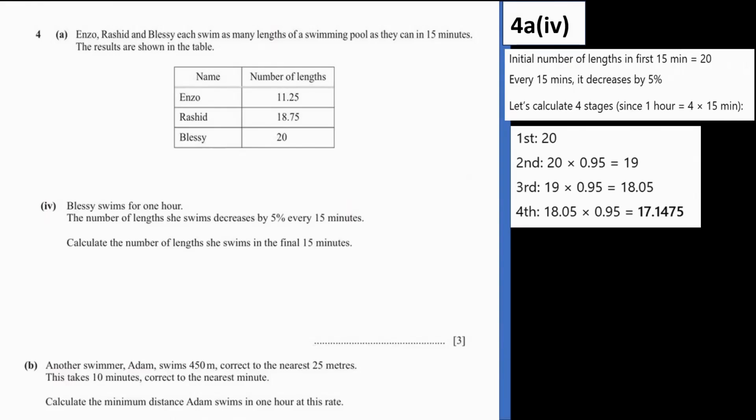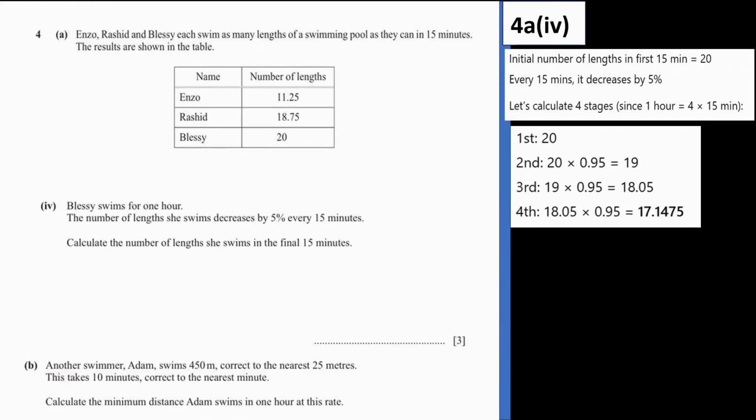The third stage, we are going to decrease 19 by 5%. That is 19 times 0.95, which gives us 18.05. And then the final stage, the fourth stage, we multiply the 18.05 by 0.95, and that gives us 17.1475. So we write this answer to 3 significant figures as required.